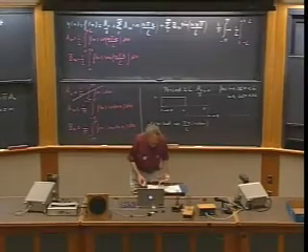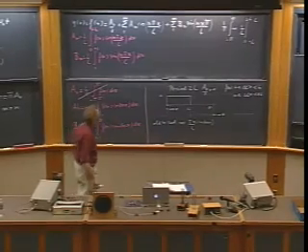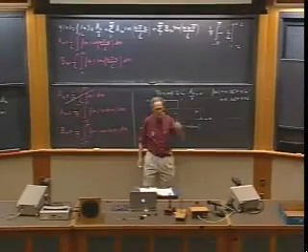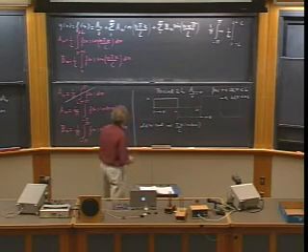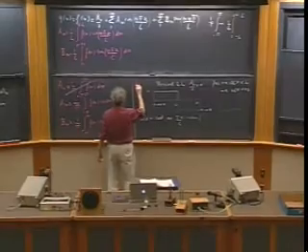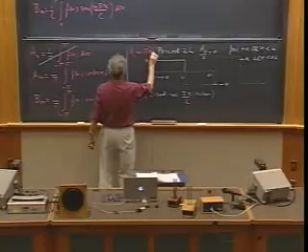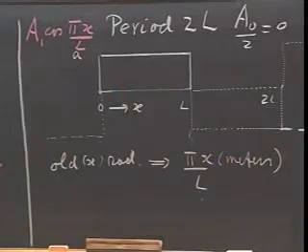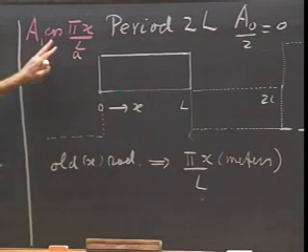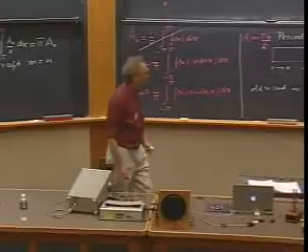I would like to take a look first at the values of A. We already agreed that A0 is 0, so that's not an issue anymore. But let us look, for instance, at the function A1 times the cosine of pi x over L. That would be the first term of the cosine series, and the second term would be A2 times the cosine of 2 pi x over L. Well, let us assume that we found the value for A1.